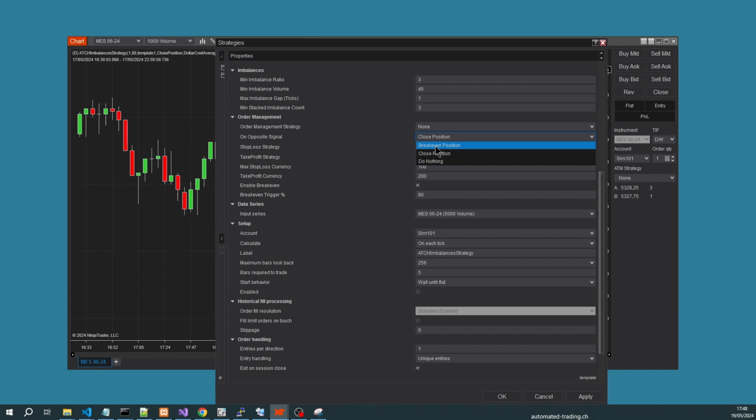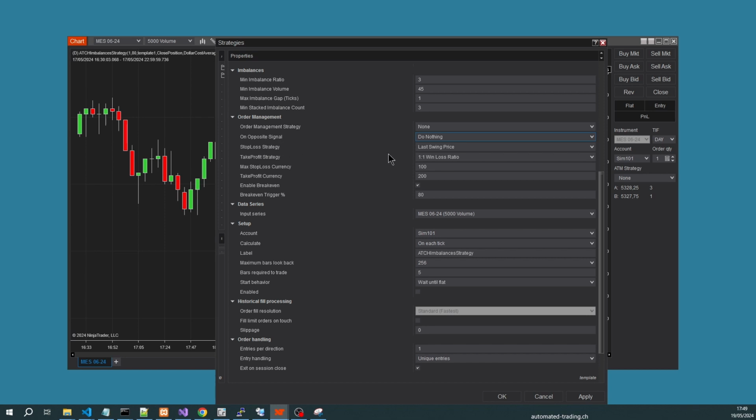So if you see an opposite signal, you say I want the position to set break even so I don't lose, but I will let the position stay open to hit the take profit. Or you can choose to do nothing and let the position be managed another way. I personally prefer to do nothing when you have an opposite signal.